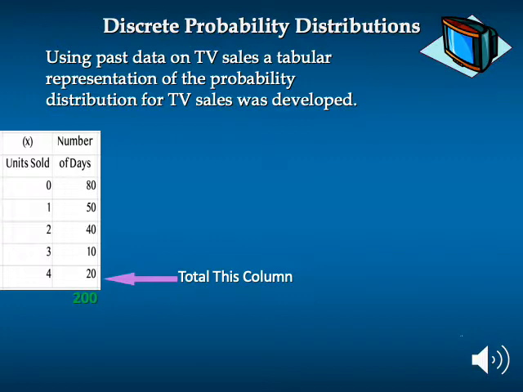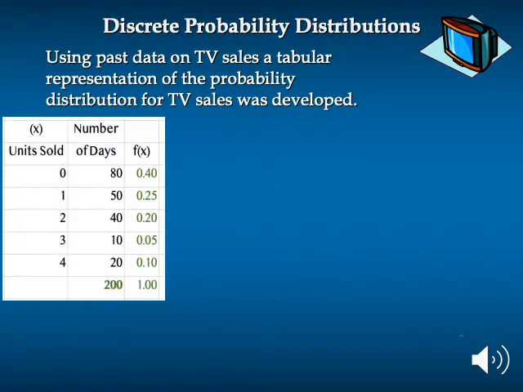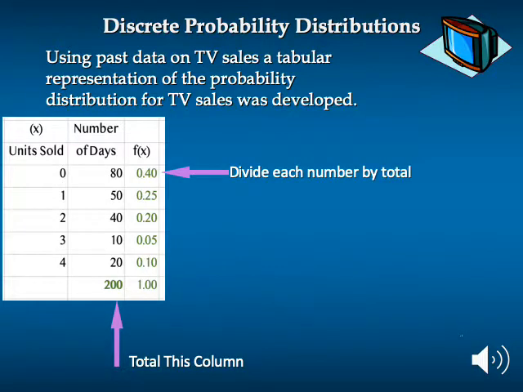Next thing we want to do is figure out what the function of x is. For us to do that, we're going to divide each one of those numbers of days by 200. And when we do that, the number shown in green is what we're going to develop. We've totaled this column to get the 200, and then we're going to divide each number by that total.